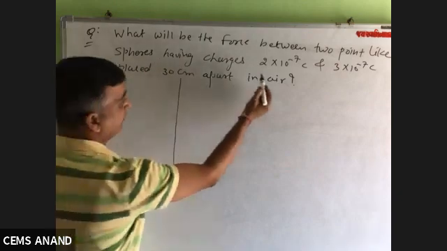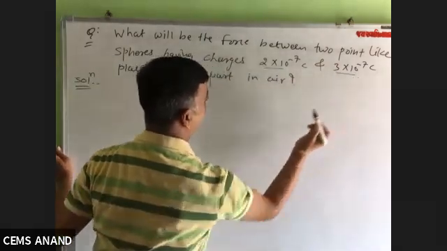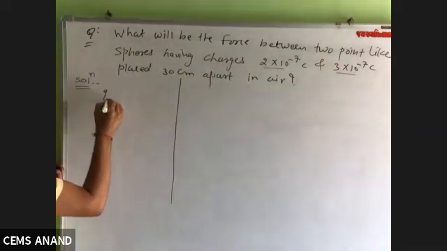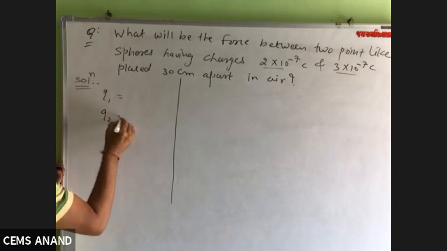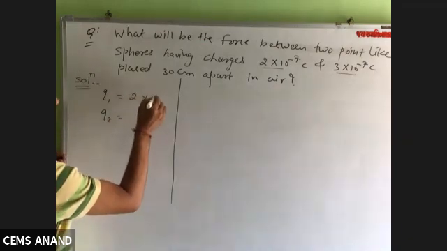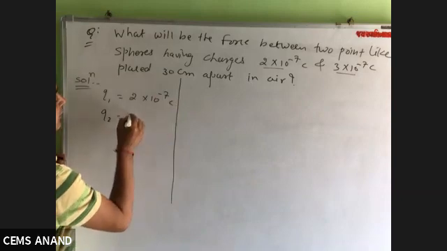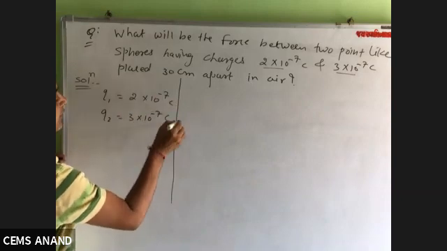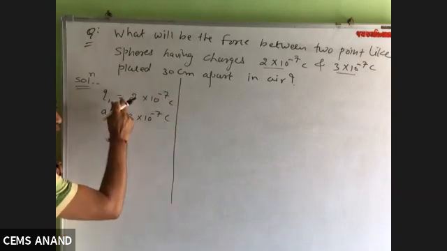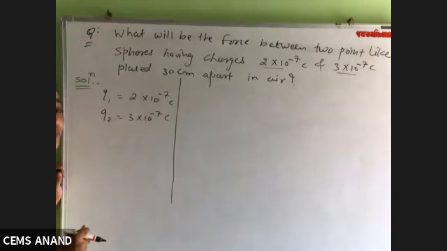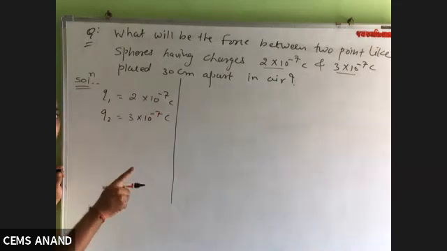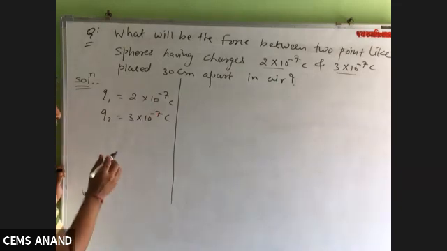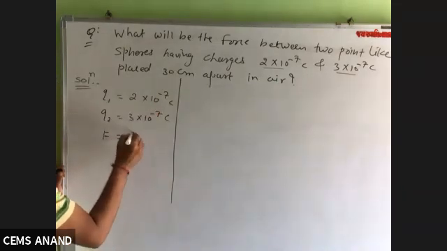Here we can see two different charges are given, right? So let's write them as Q1 and Q2, which are 2 into 10 raised to minus 7 and 3 into 10 raised to minus 7. See, here both of the charges given are positive. So the electrical force generated between them is of attractive type. Okay. We are asked for that force.